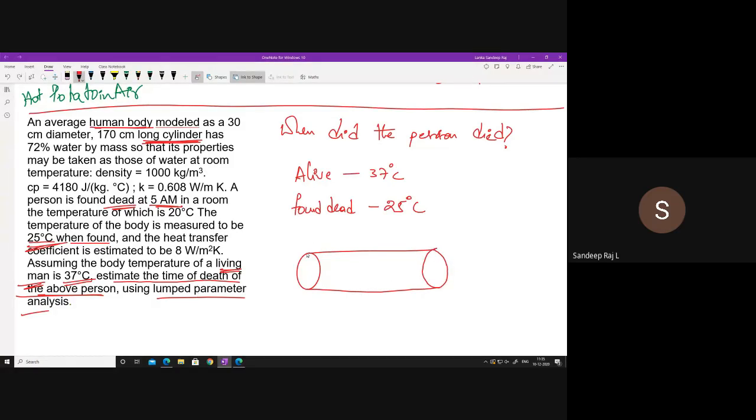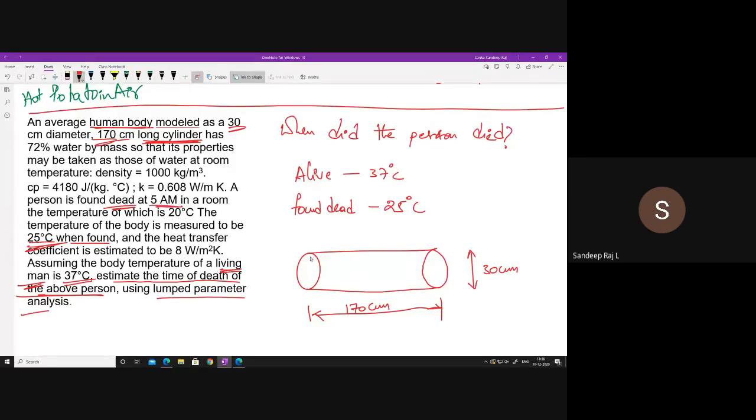It is having so and so length. The length of it is 170 centimeter, and the diameter is 30 centimeter.